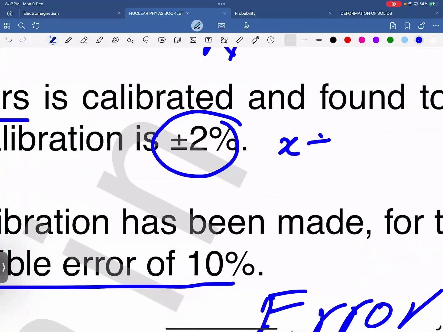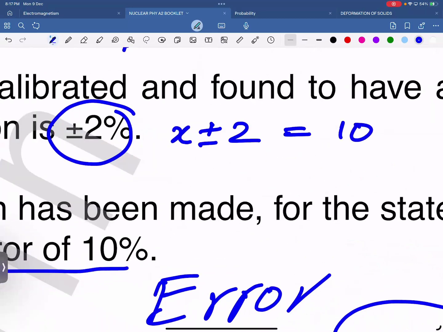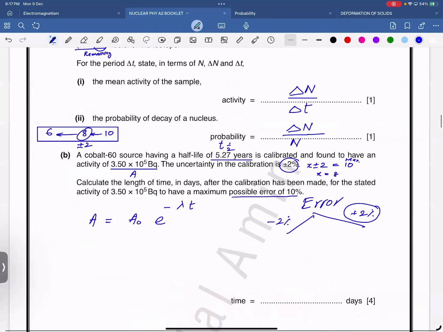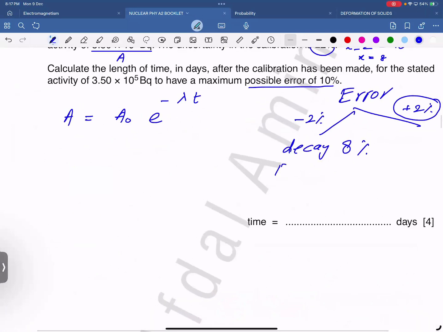Something x plus minus 2. So if maximum is 10, how much will be the x? X will be 8. Okay, so 8% is your decay. If decay is 8%, so remaining will be how much? 92%.